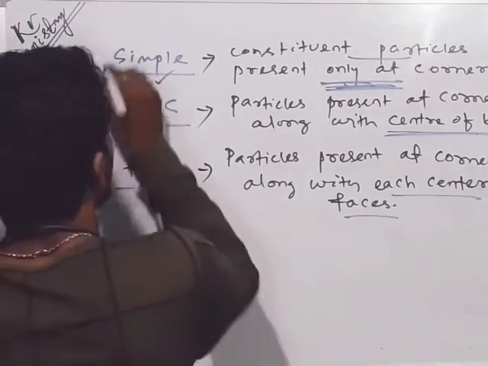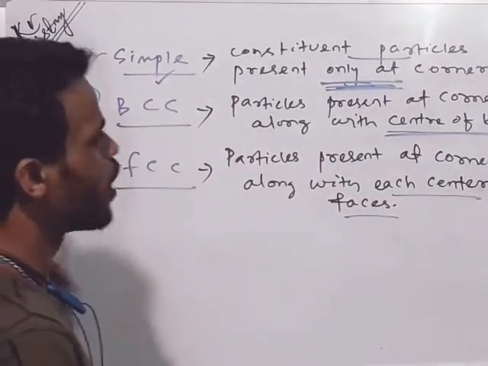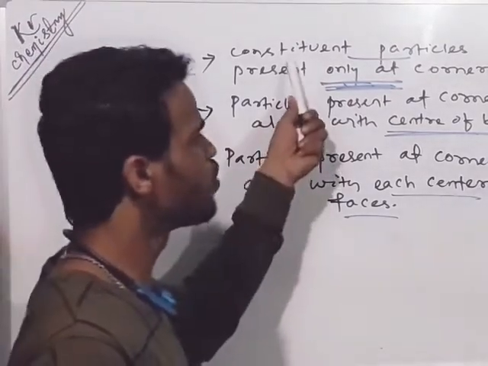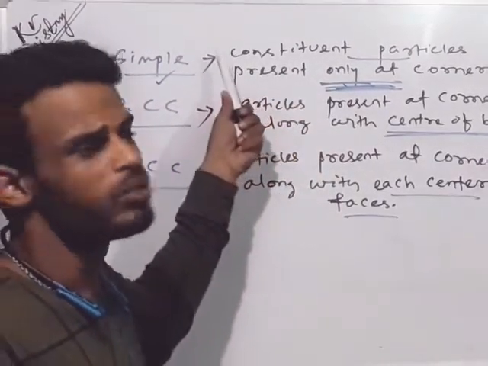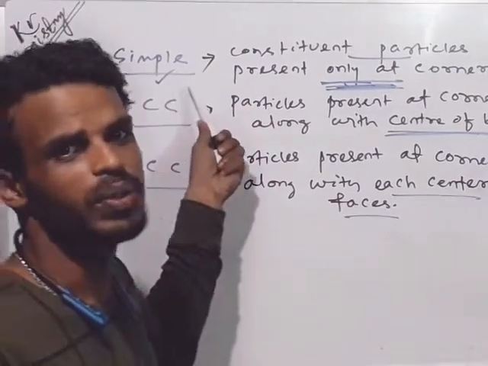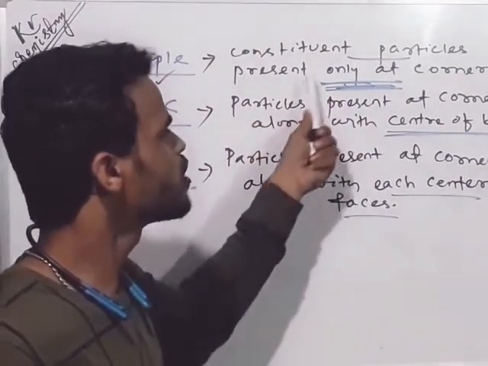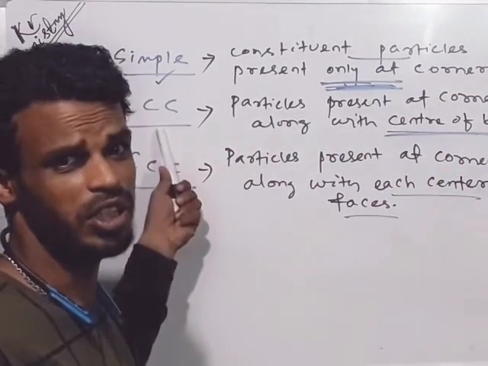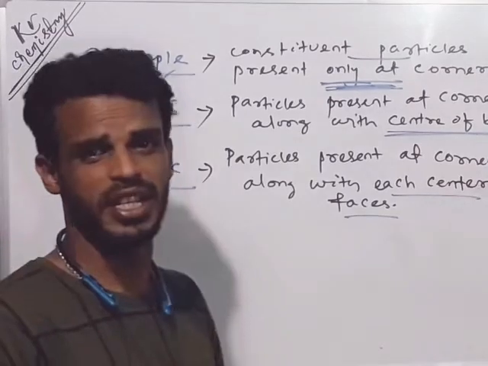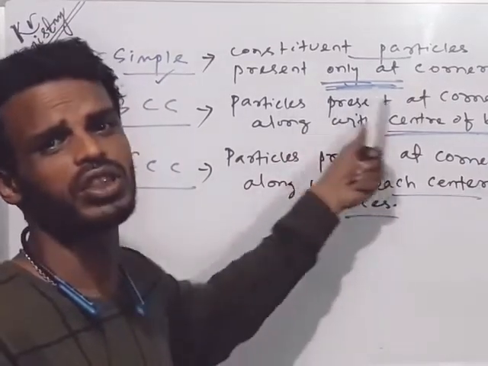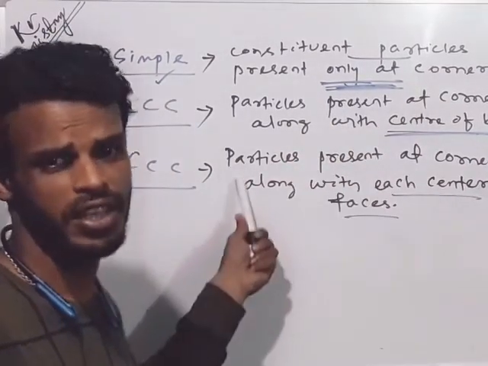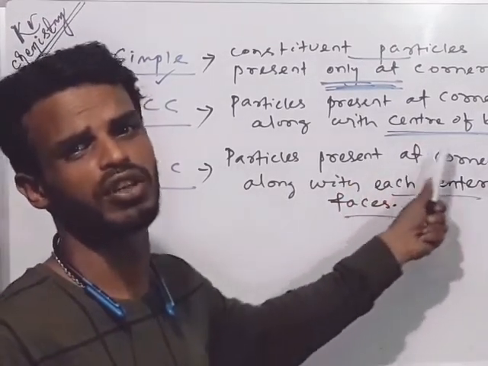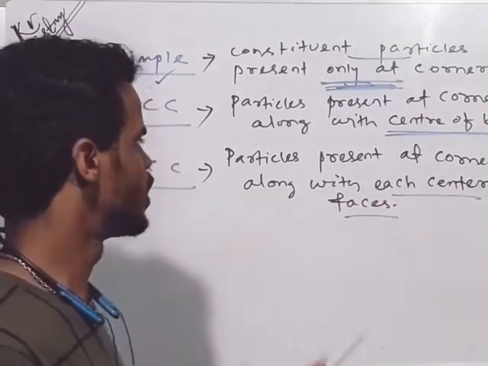This is the small trick that we remember, from which you can write the definitions. For simple, or primitive, constituent particles are present only at the corners. In BCC, body centered, constituent particles are present at the corners along with the center of the body. And in face centered, constituent particles are present at the corners along with the center of faces. This is the trick.